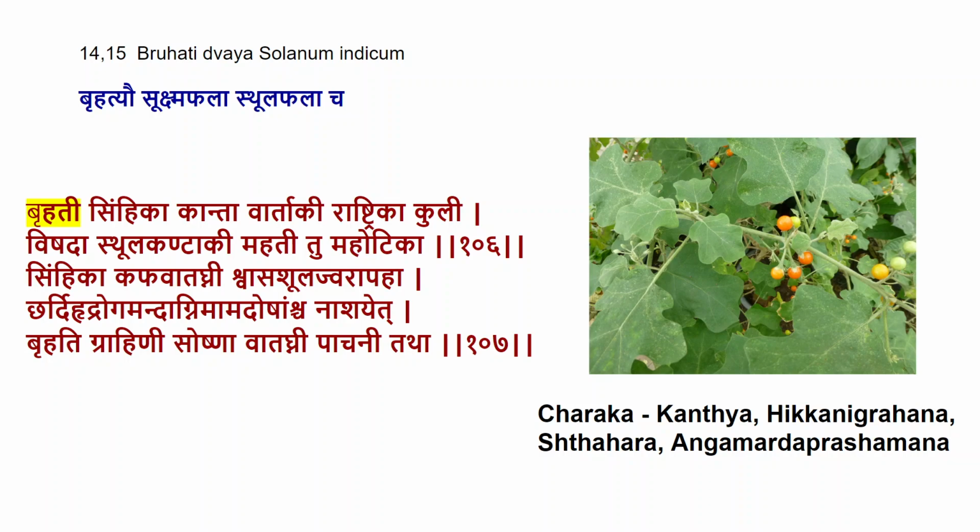Only one Brihati is mentioned, and the Paryayas of Brihati are the same, and most possibly the Brihati is Solanum indicum, and the other Brihati is a question mark. छर्ति हृद्रोग मंदाग्नि आमदोषांशना शेत बृहति ग्राहिणी सोष्णा वातग्नि पाचिनी तथा. It's grahi and it's used in chhardi, hridroga, and amadosha, as well as it's a vatagna, vatashamaka.